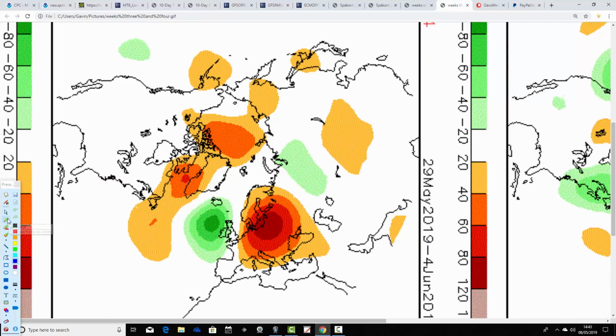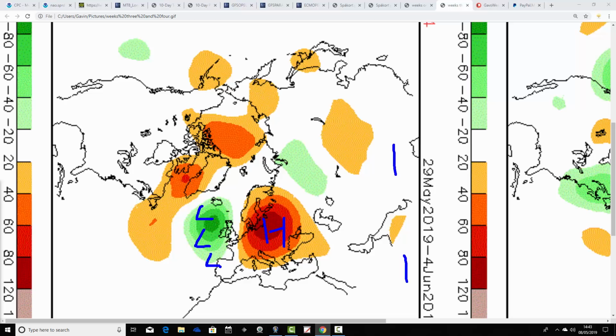And then we go through to week 4, which is the 29th of May to the 4th of June. The high pressure event is receding more towards central and eastern parts of Europe. This low pressure in the Atlantic looks like it's getting stronger. So probably still relatively warm, probably still bringing wind up from a southwesterly to southerly direction. But definitely, I would have thought, turning more unsettled there.